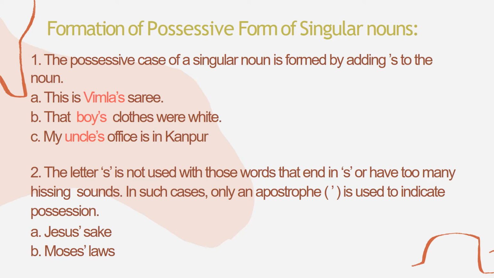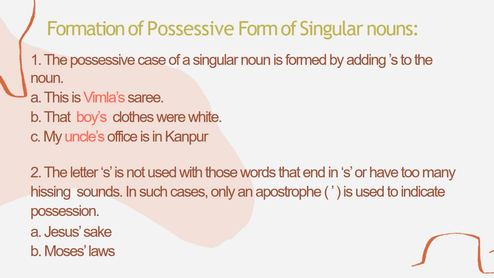The next one is, the letter s is not used with those words that end in s or have too many hissing sounds. In such cases, only an apostrophe is used to indicate possession. For example, Jesus' sake.